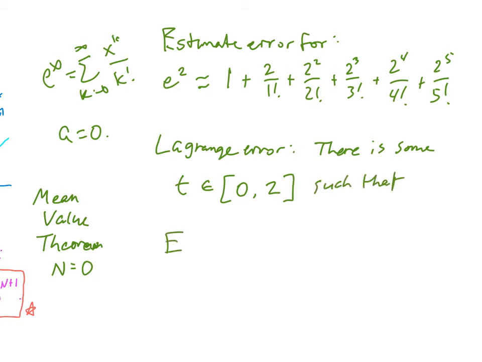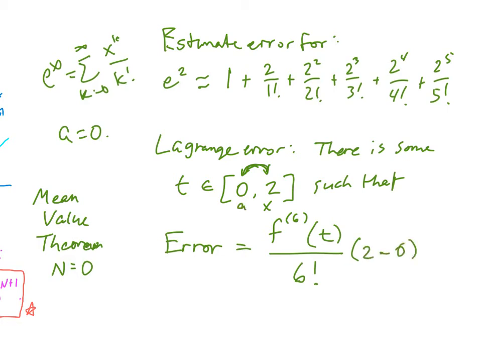the error is the next derivative, so that's the sixth derivative of f at t, divided by 6 factorial times x minus a, so that's the difference between these two numbers here. Remember, this is x, this is a. So 2 minus 0 to the sixth. Okay?